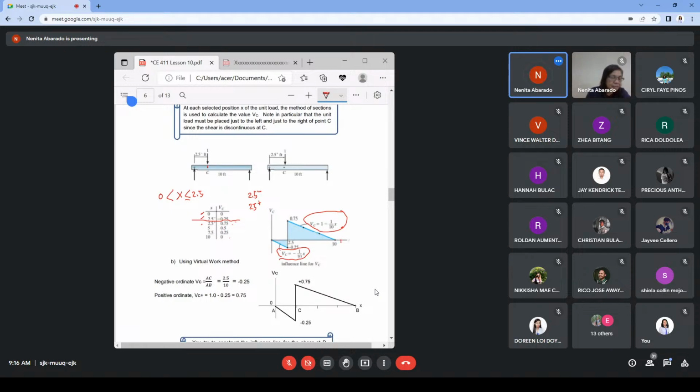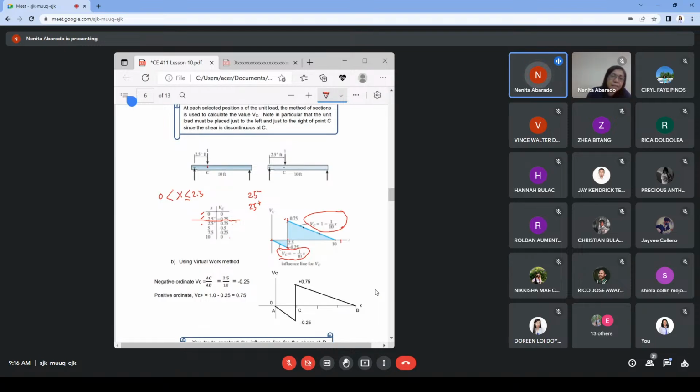Now, if you are going to draw the diagram, we start from 0 up to 2.5, then later the rest. So at 2.5 we have two values of shear: negative 0.25 and positive 0.75.